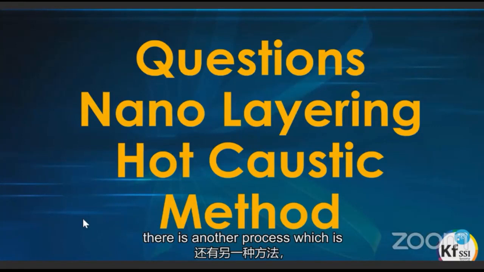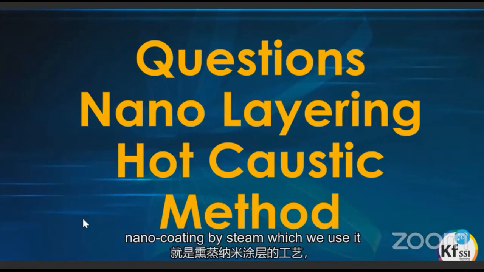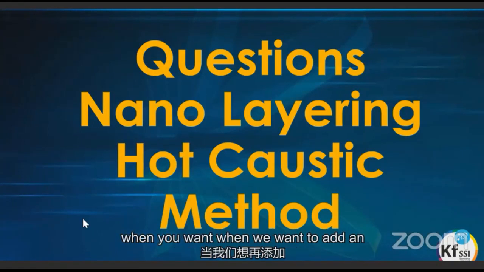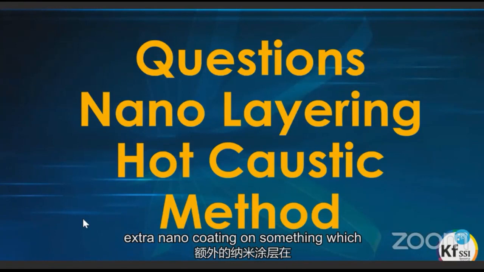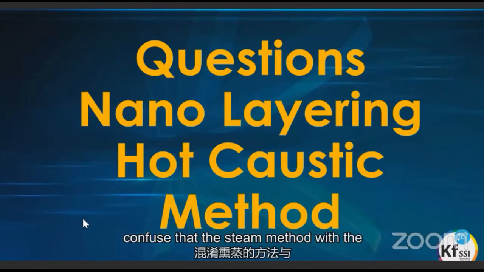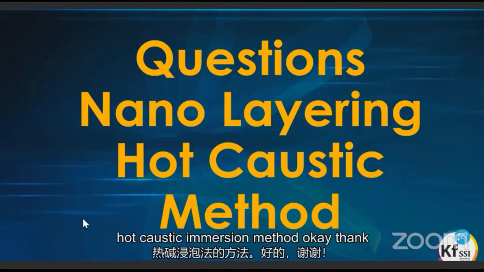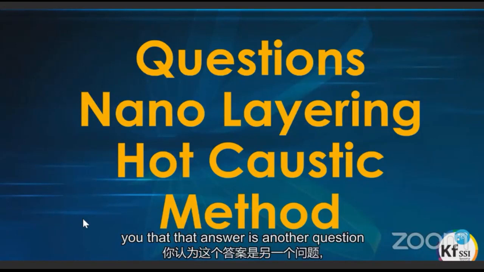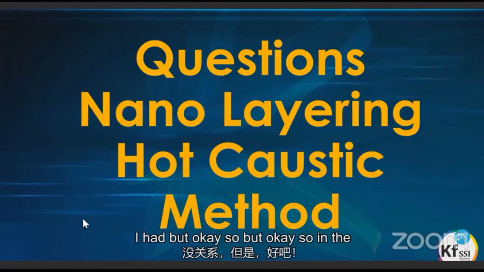There is another process which is nano coating by steam, which we use when we want to add an extra nano coating on something which already has nano layers on it. So don't confuse that steam method with the hot caustic immersion method. Okay, thank you. That answers another question I had.